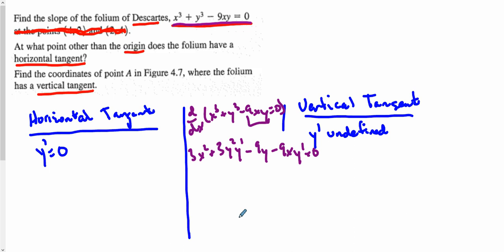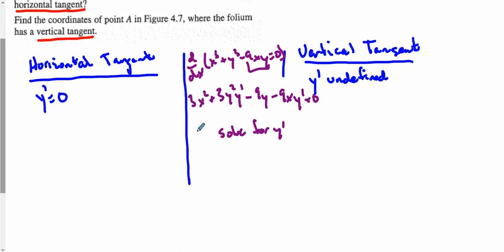So make sure we use product rule here. Don't forget that. Okay, now from here, we're going to solve for y prime. When we solve for y prime, we can move this negative 3x squared to the other side. We'll also add 9y to the other side. We then have these two expressions left over.